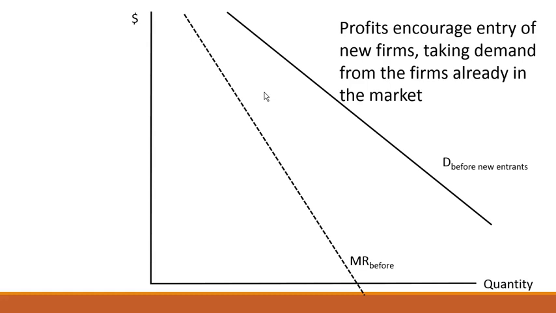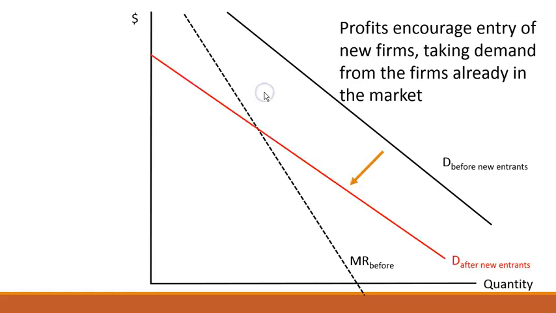So demand is not only going to be reduced, it's going to become more price elastic. So I would illustrate demand like this by a flatter demand curve that is lying to the left of the demand curve that existed before. And of course, with each demand curve, we have an associated marginal revenue curve.